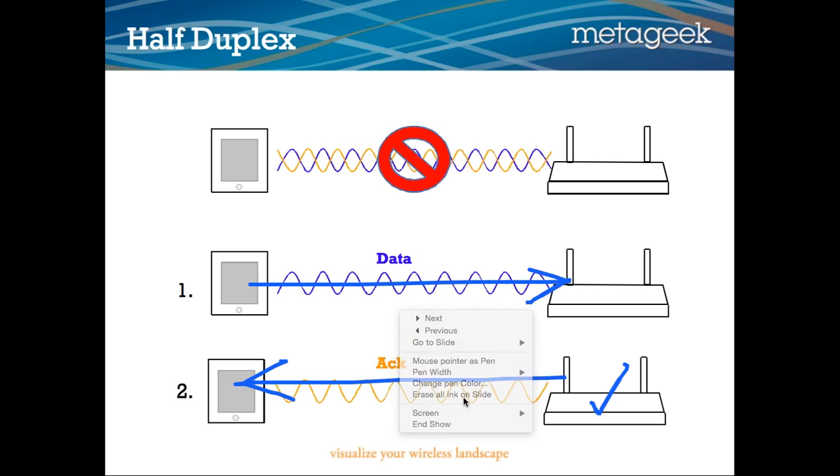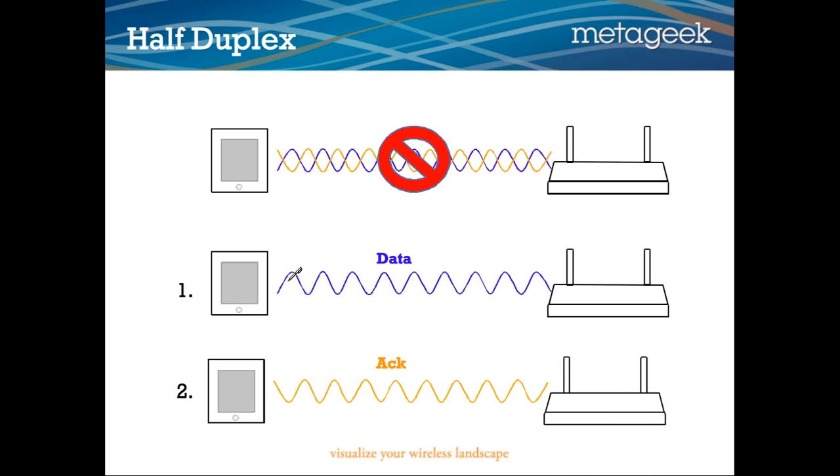Now, there's a few things that can go wrong here. Let's say that for whatever reason, the signal just doesn't make it to the access point. Maybe the access point is a little too far away, or maybe there was some interference, and so the transmission got garbled. The client's going to listen for a moment and go, okay, I never heard a response, so maybe the access point didn't receive the frame.